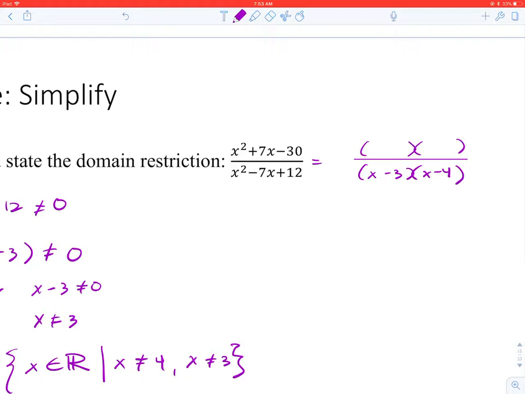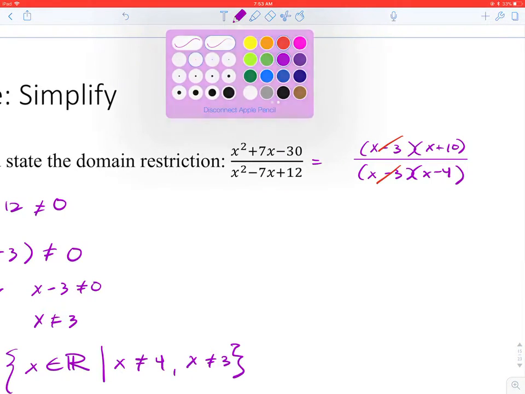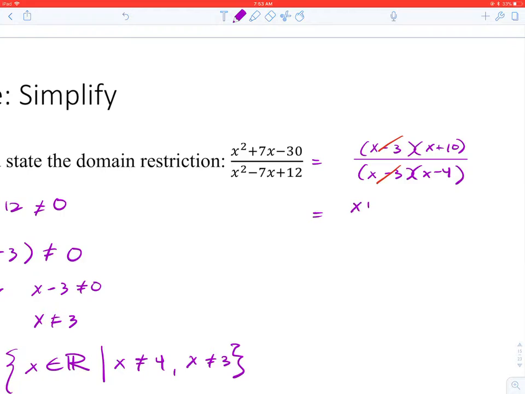So that will be x minus 3, x plus 10. Yes. So the x minus 3 in the numerator will cancel with the x minus 3 in the denominator, leaving us with x plus 10 over x minus 4.